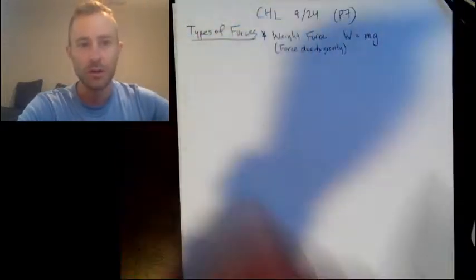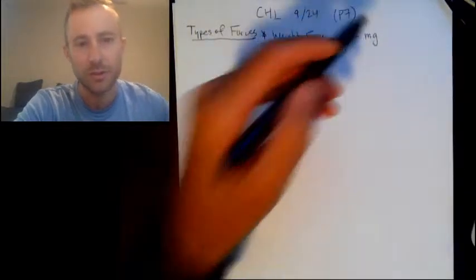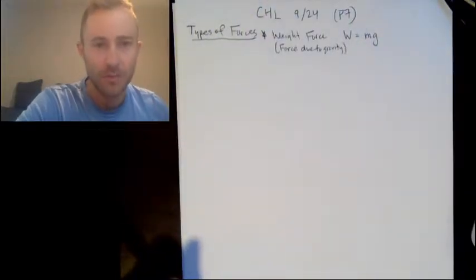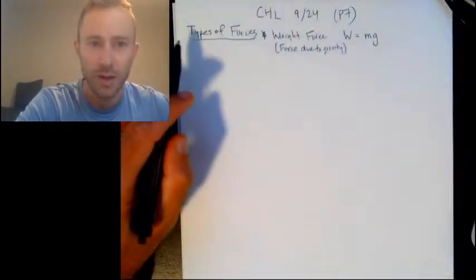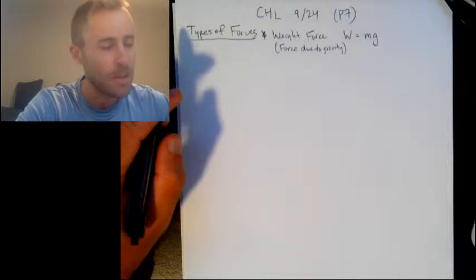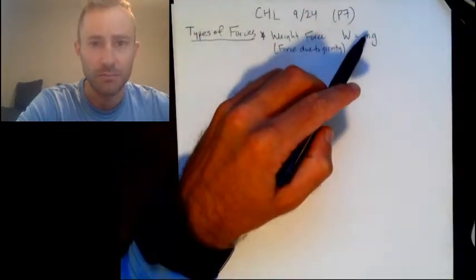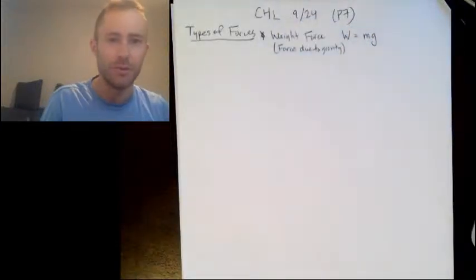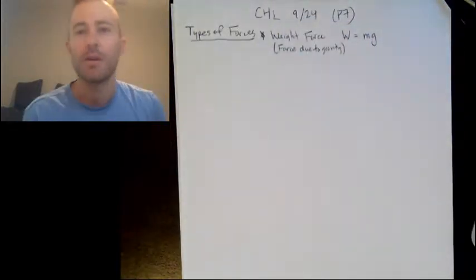If you go to the moon, your weight force changes because the acceleration due to gravity changed. If you go to Jupiter, the weight force changes because the acceleration due to gravity changed. But your mass does not change, okay? Your mass is the same, provided you didn't eat food or expel waste or lose a limb or something like that.